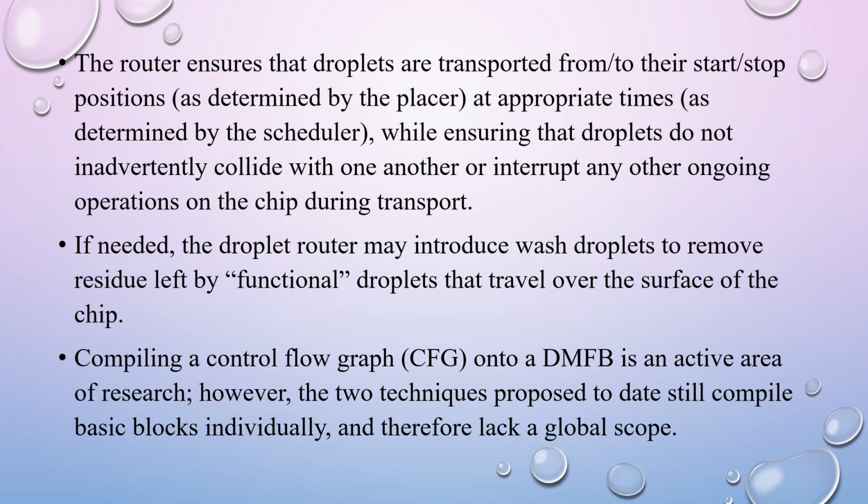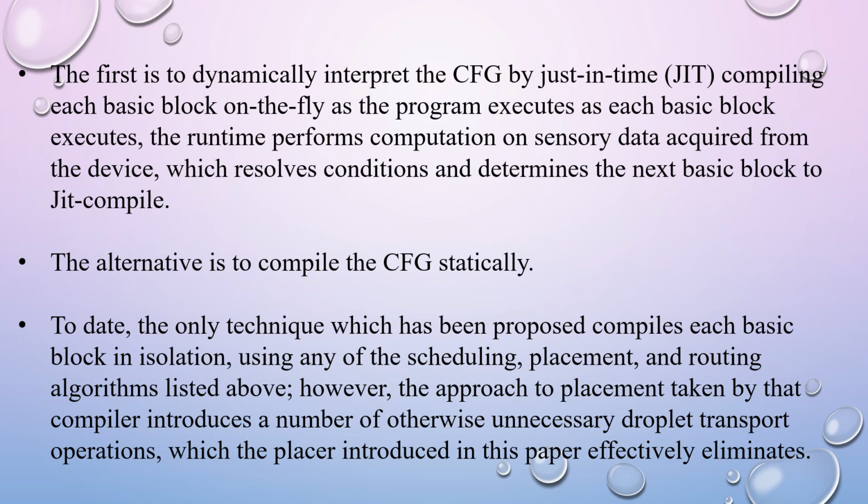Compiling a control flow graph (CFG) onto a DMFB is an active area of research. However, the two techniques proposed to date still compile basic blocks individually and therefore lack a global scope. The first is to dynamically interpret the CFG by just-in-time compiling each basic block on the fly. As each basic block executes, the runtime performs computation on sensory data acquired from the device, which resolves conditions and determines the next basic block to JIT compile.